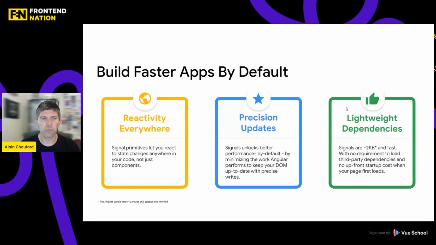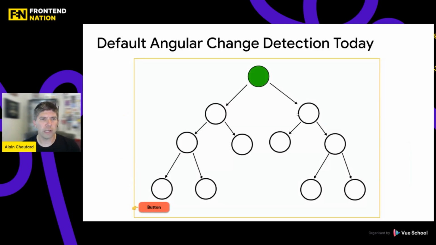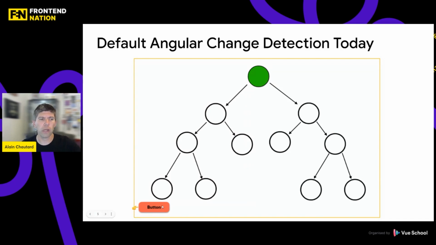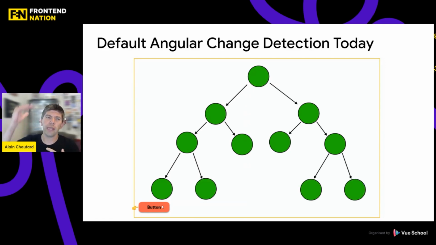The last one is precision updates, which I'm going to cover in more detail here. If you use Angular right now, the default change detection works like this. If you click any button, if there's any event going on in the browser, anywhere in your component hierarchy, then the default change detection has to check every single component from top to bottom.